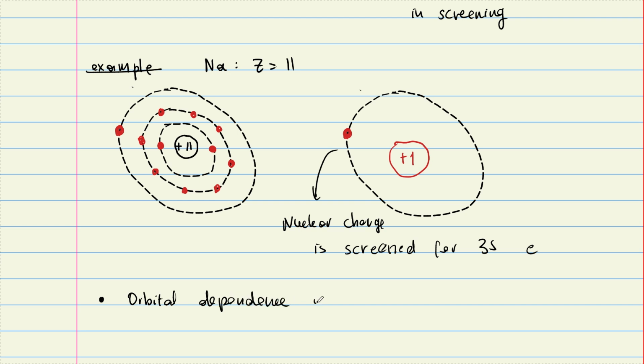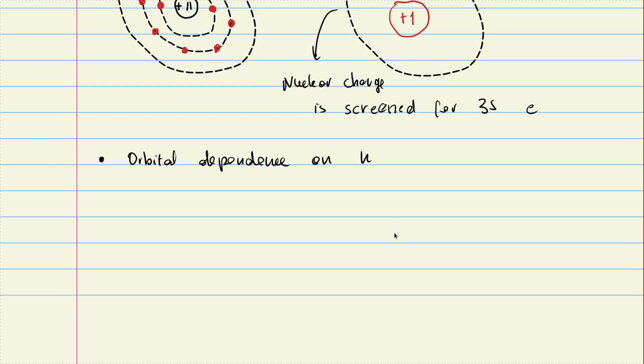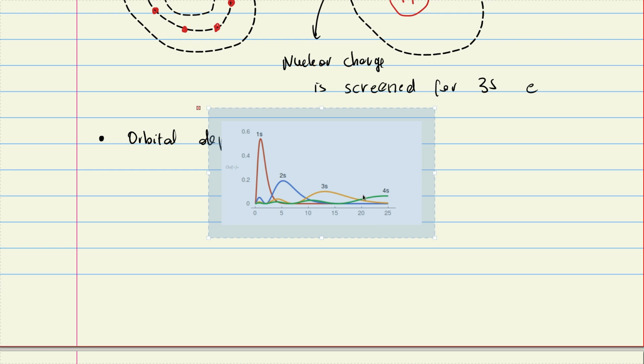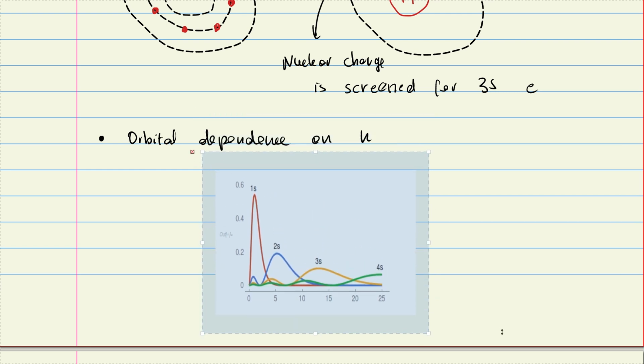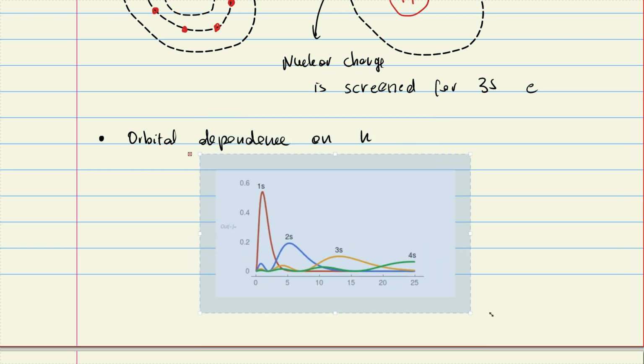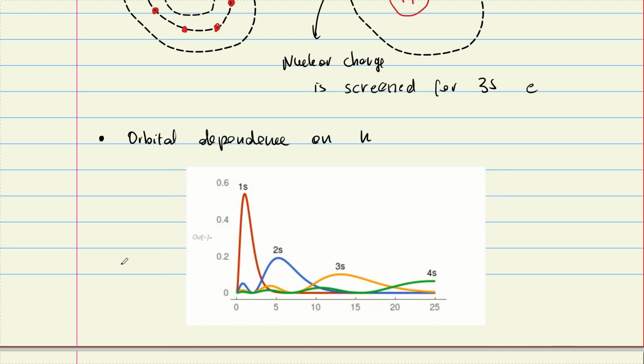Okay. So if you remember the orbitals, the dependence on n: here are the radial wave functions. You can see 1s is closer. Here is the nucleus, and this is r. This is psi n, or let me call it R n L of r, right?